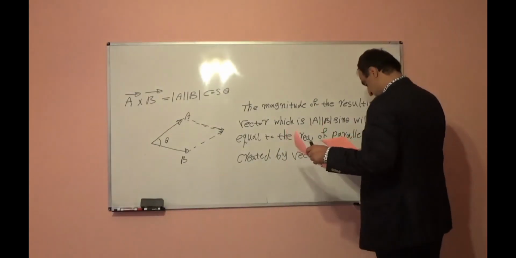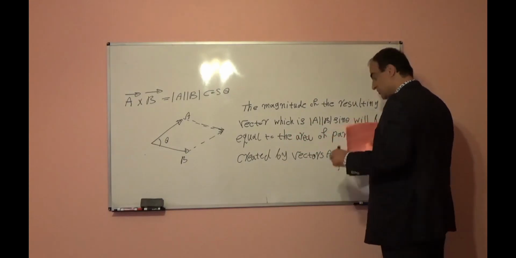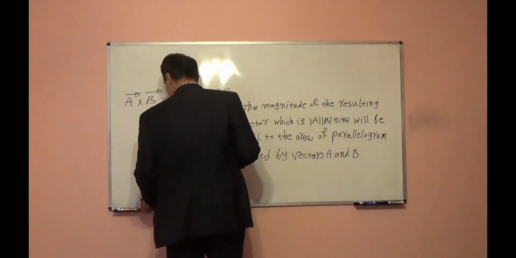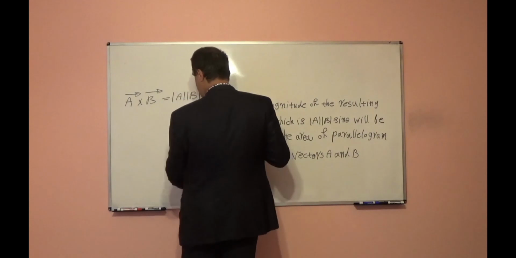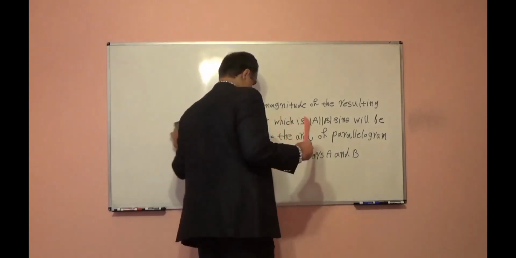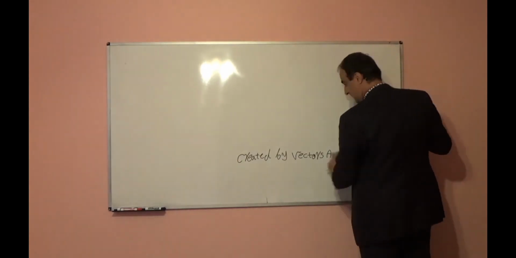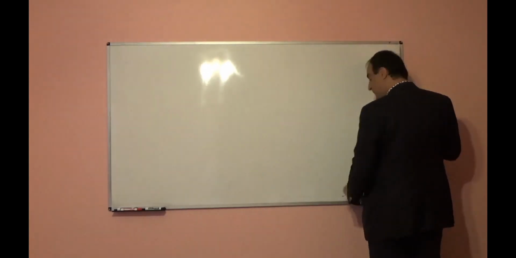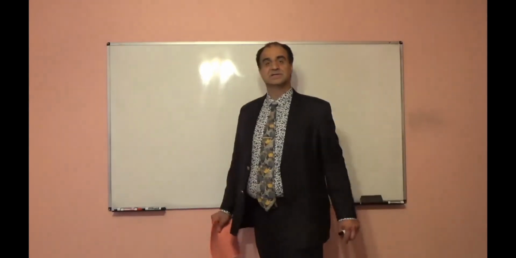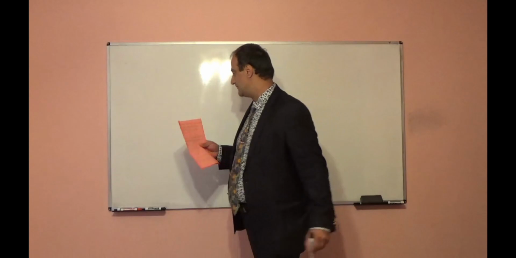This is about the dot product and cross product. Let's define another term. We call it the position vector. If we want to describe the position of one point in space with respect to one origin, we will use the position vector.